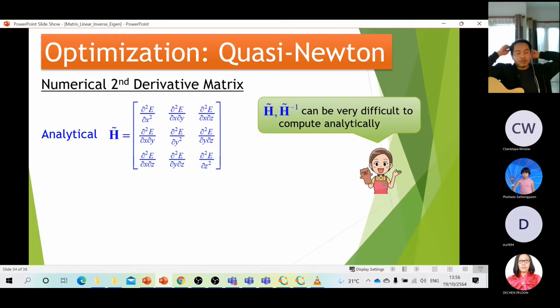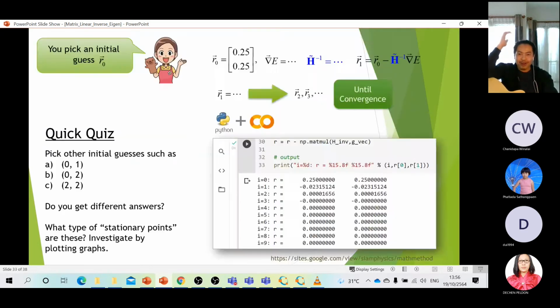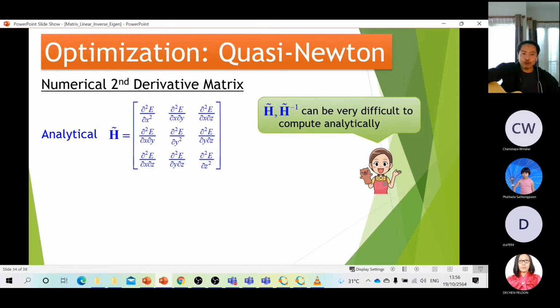Now before we get into the climax of the optimization, I hope that you're doing okay with the math and all that. Okay, now let's go to the climax of the optimization. Now, as you see, the Hessian matrix is very difficult to calculate.